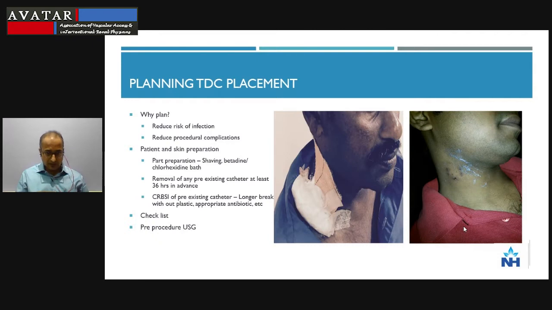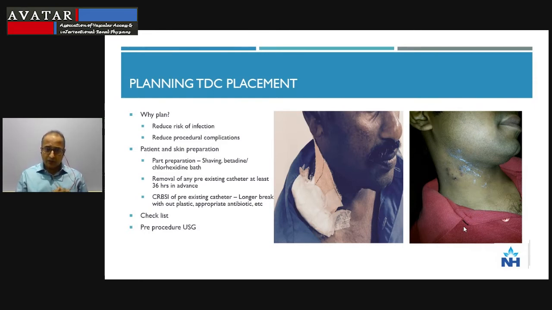We should remove the catheter at least a couple of days in advance, remove the dressing a day in advance, do the shaving and skin preparation 1 day in advance, and also scan the neck to see the patency of the vein 1 day in advance, so that we can plan the catheter placement properly, which is very important to prevent infections and get a long life of the catheter.